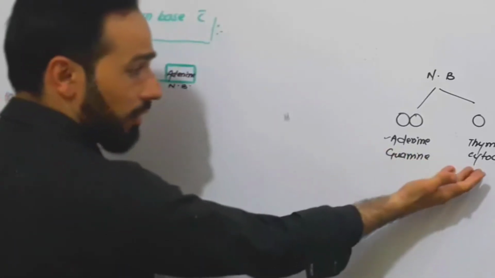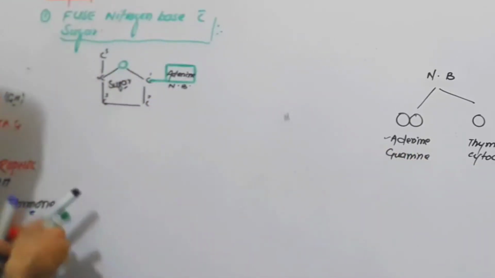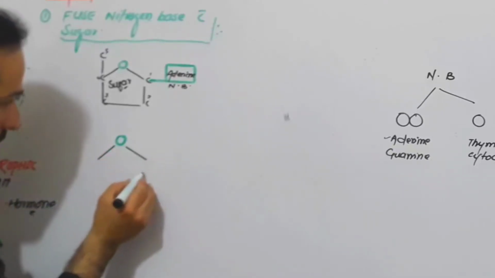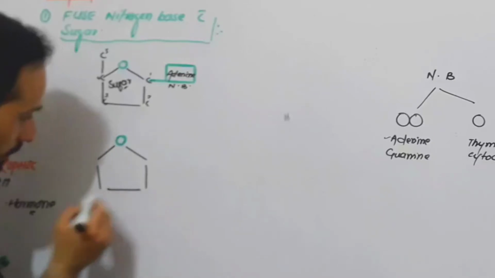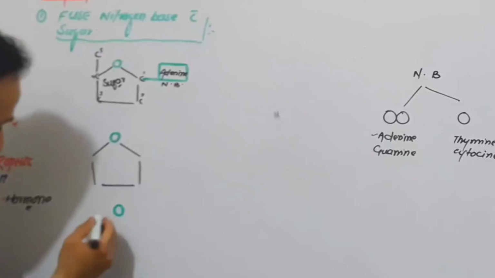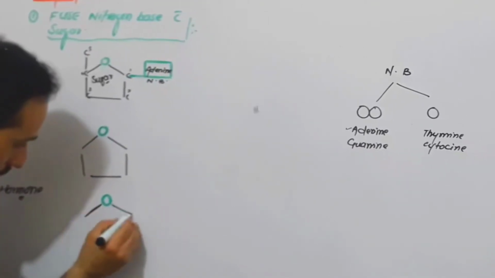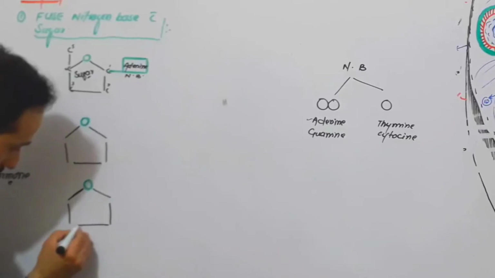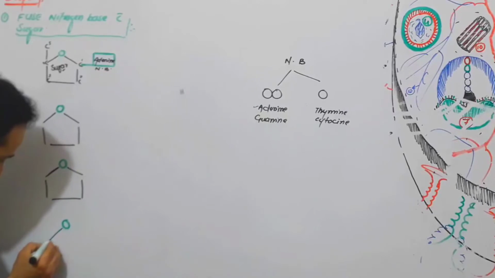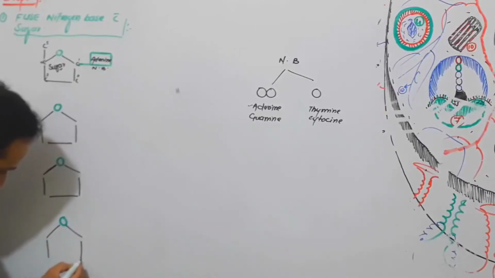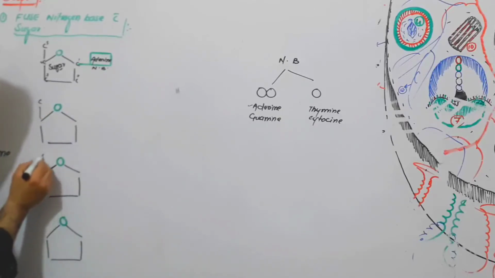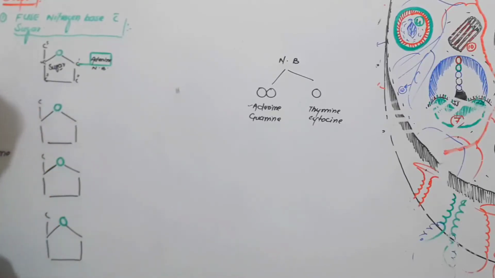And if you have 4 nitrogen bases, you should have 4 sugars also here, right? So this is a sugar. We make it fast. And we should not forget our carbon number 5 also, right?